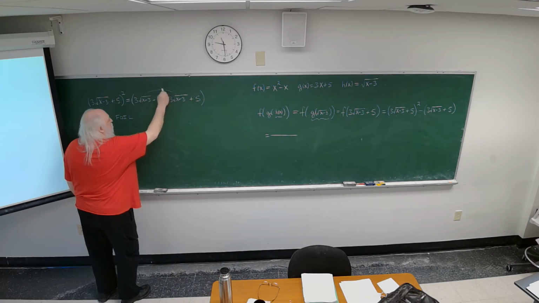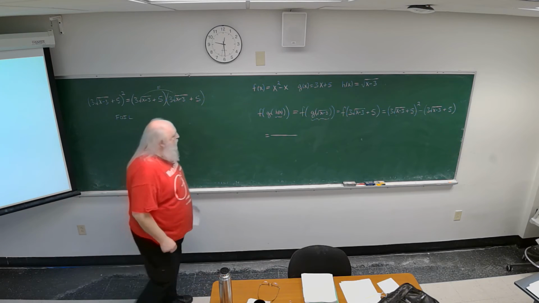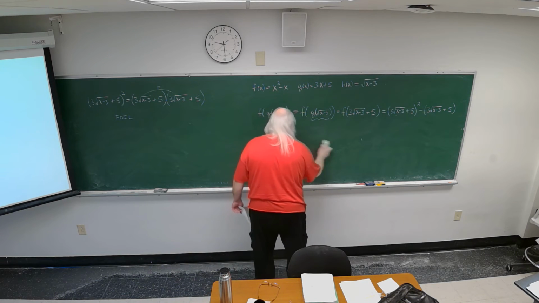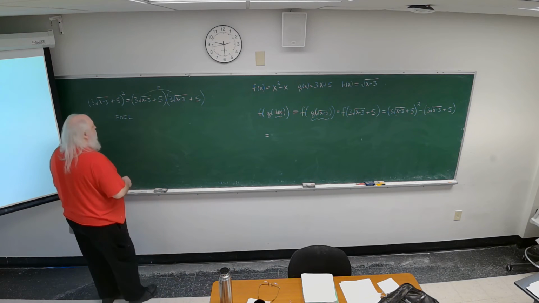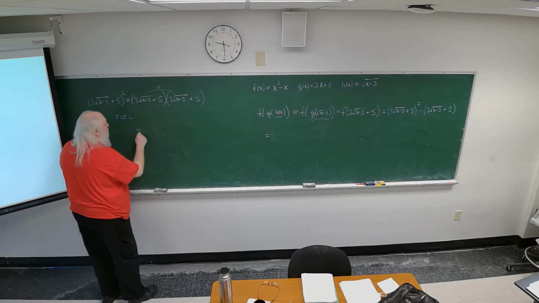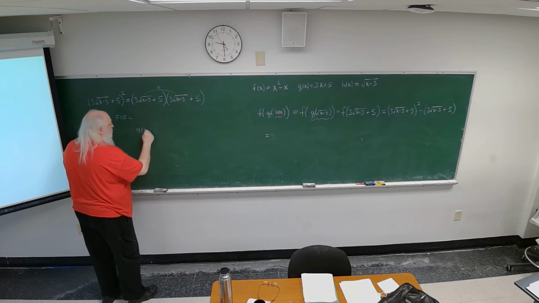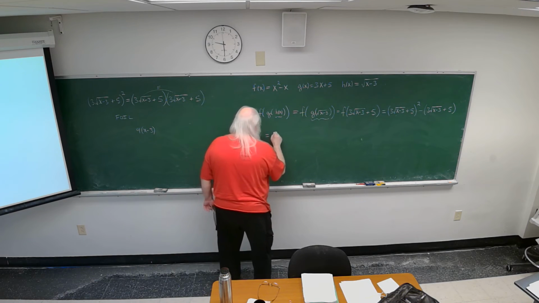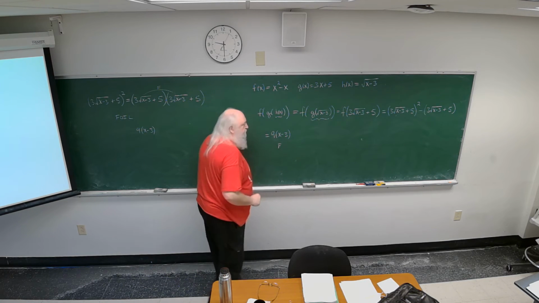You've got to multiply first terms. When we multiply first terms, we have 3 times 3, which is 9, and square root of x minus 3 times square root of x minus 3, which is just x minus 3, right? So we have 9 times x minus 3. That's the F in the FOIL.